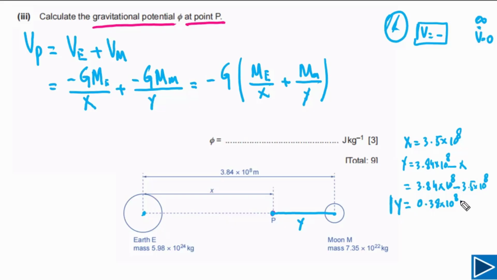So we have found the value of y, we have the value of x, we have the mass of the moon, and we have the mass of our planet. Now we simply need to plug in these values here.